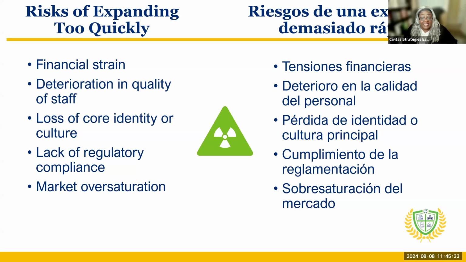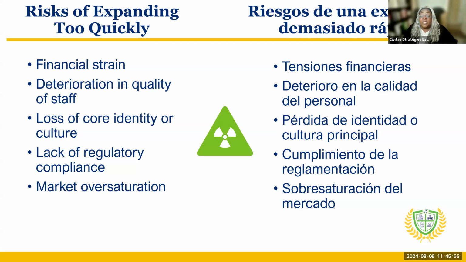Regulatory compliance is another area of concern. Different locations or expanded services may come with new licensing requirements or regulations. So, keeping up with these while maintaining rapid growth can be overwhelming and may lead to costly mistakes.